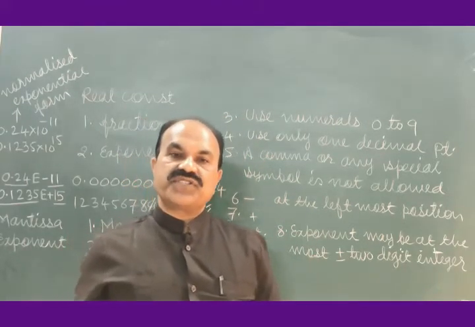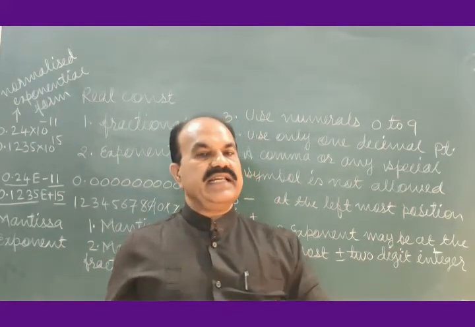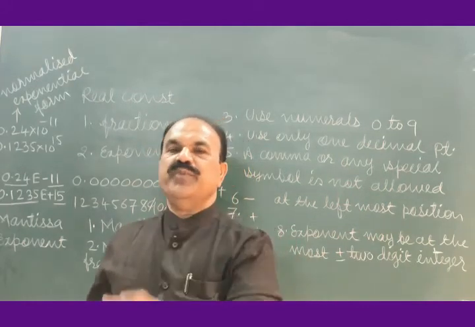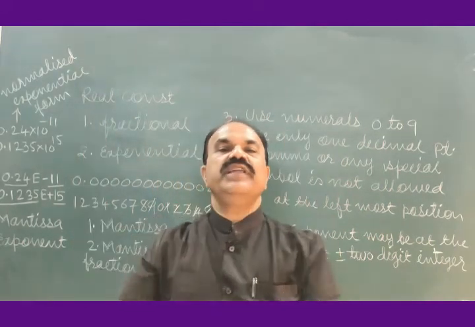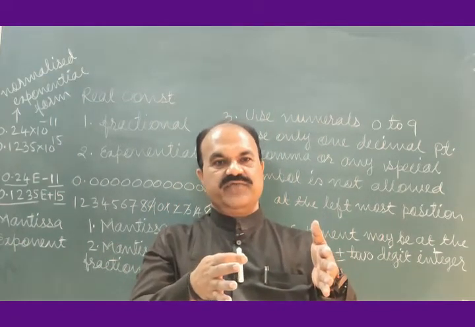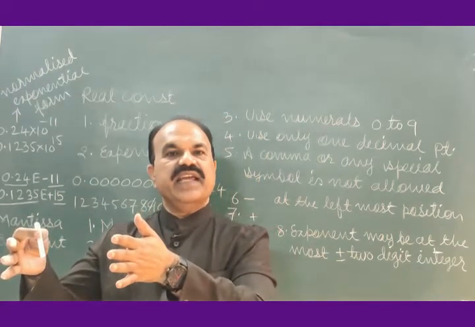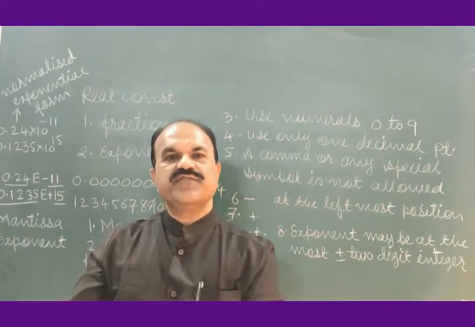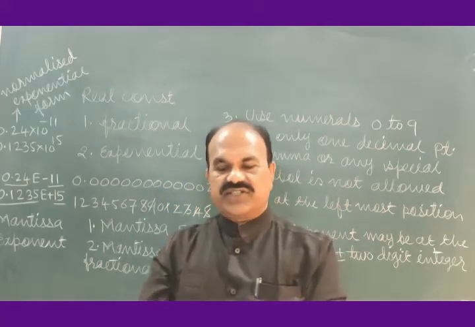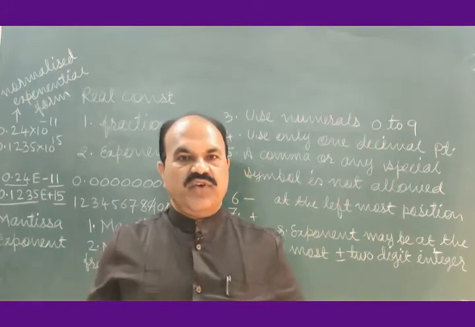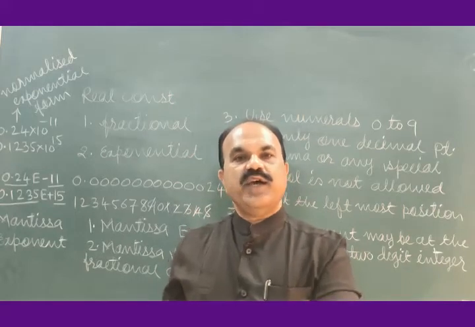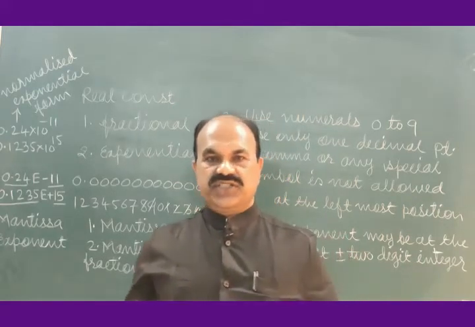When we talk about constants in Fortran, the basic categories are two: character constant and numeric constant. Numeric constants are integer or fixed point constant, and real constants, which are further divided into fractional form and exponential form of a real constant.